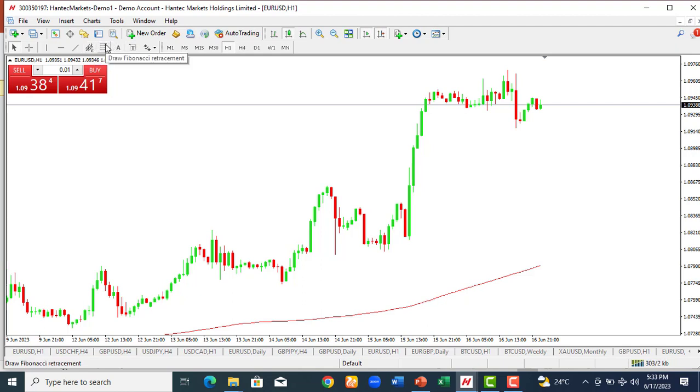You can see draw Fibonacci retracement level. So easy. I want to know where this market will retrace to before it will continue its bullish move, the possible places for a buying market.